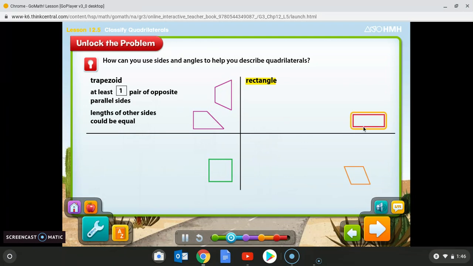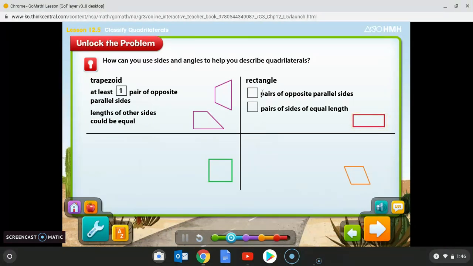Now, you guys should be familiar with this shape. This shape is a rectangle. When you guys were in preschool or kindergarten, you knew that it was a rectangle because you had an opposite side pair that were one length, and the opposite ones were longer.